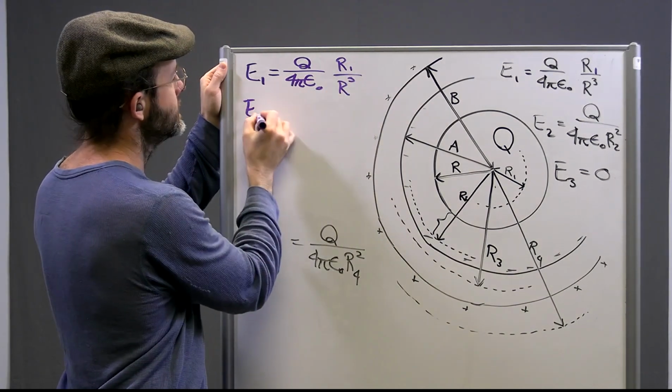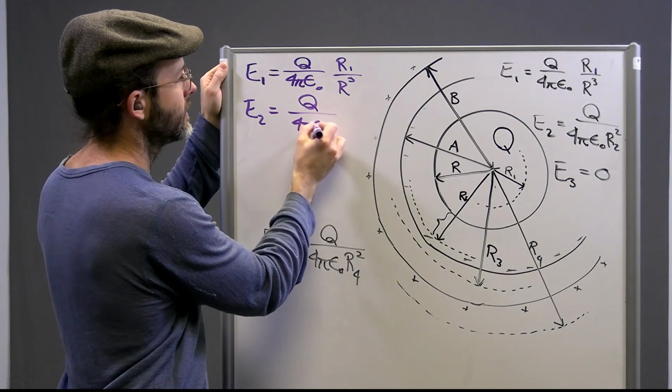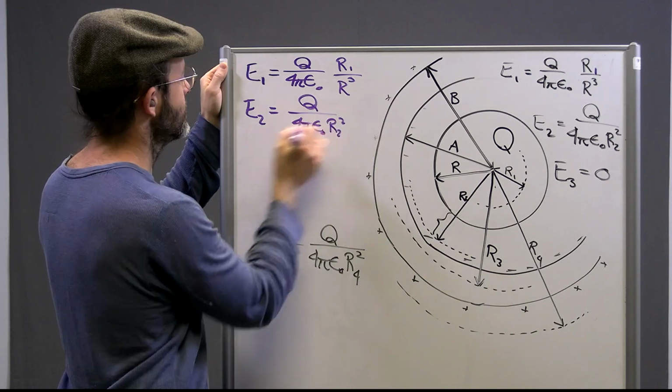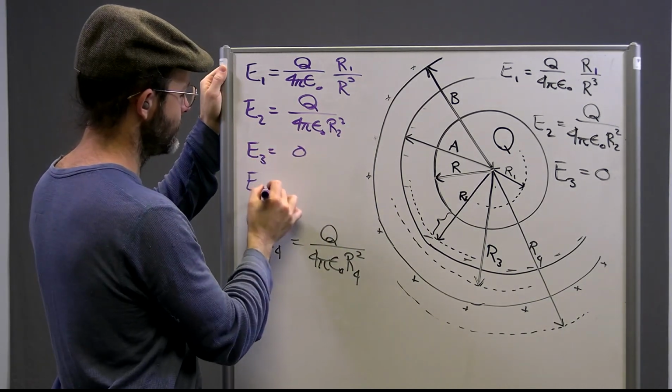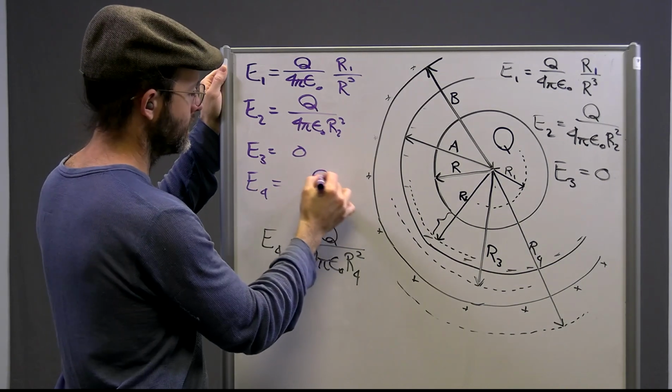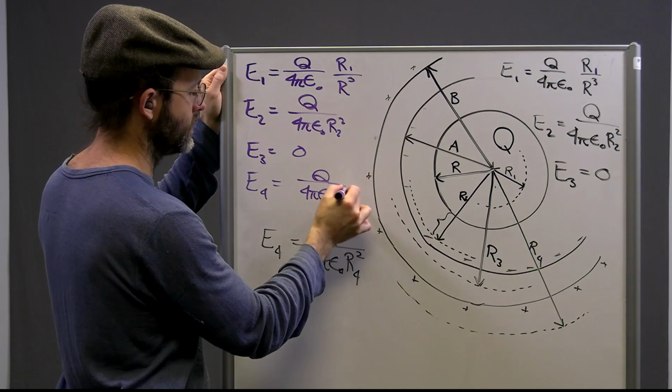E2 is equal to Q over 4 pi epsilon naught R2 squared. E3 equals 0, and E4 equals Q over 4 pi epsilon naught R4 squared.